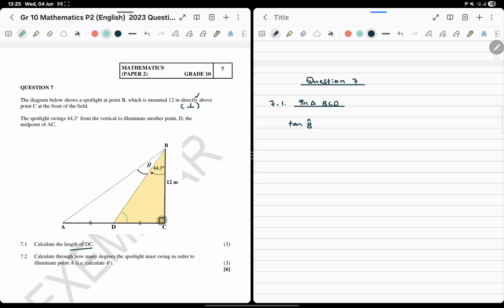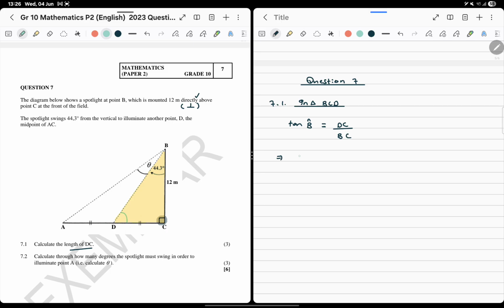Once we state it, we don't really have to say this is CBD. The examiners have no choice but to understand. Okay, tangent is opposite, which is going to be DC, over adjacent, which is BC.